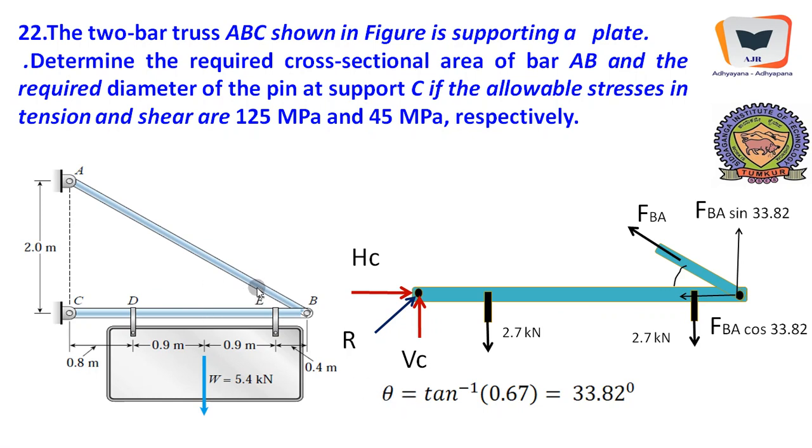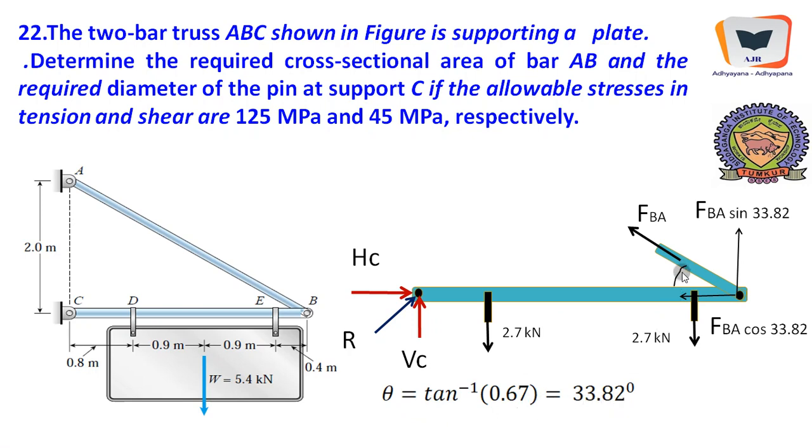If this is theta, tan theta is opposite by adjacent. Opposite is 2 and adjacent is 3. 0.9 plus 0.9 is 1.8, 1.8 plus 0.4 is 2.2, 2.2 plus 0.8, it becomes 3. So 2 by 3 becomes 0.67. So theta equal to tan inverse 0.67, that happens to be 33.82.